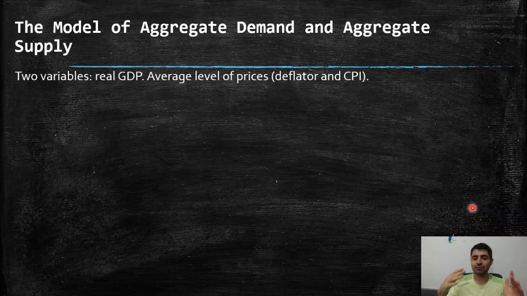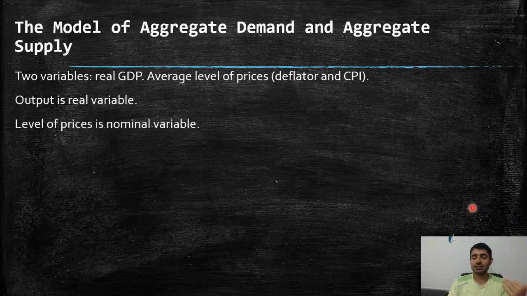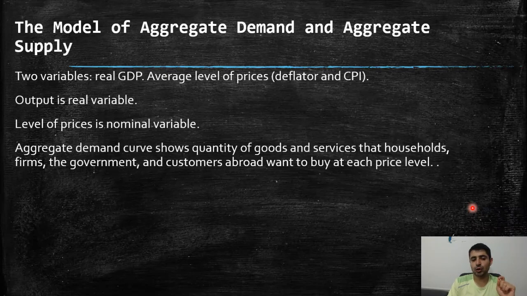On the other, we have the average level of prices, which is the deflator or the CPI, the Consumer Price Index, just a measure of prices. The output is a real variable, and the level of prices is a nominal variable.